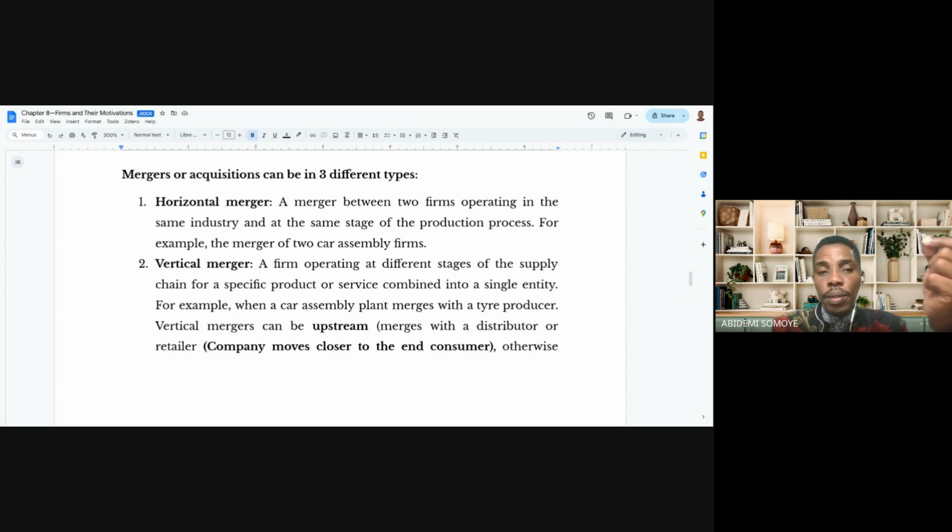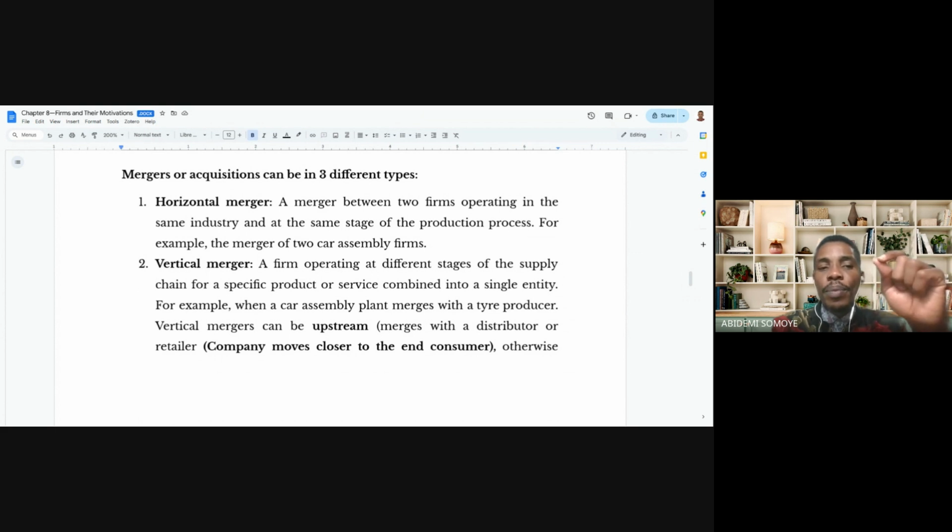Vertical mergers can be upstream. Okay, take note. Vertical mergers can be upstream, mergers with a distributor or retailer. So for vertical mergers, for upstream, the goal is for the company to move closer to the end consumer.